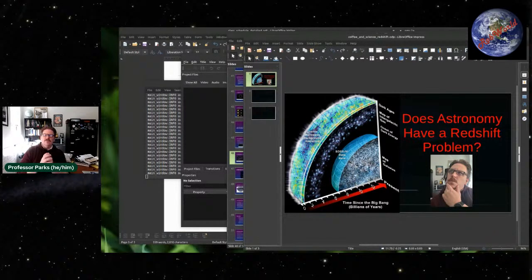The only problem that I am aware of, and it's been a while since I looked into this, is one of the arguments for why dark energy may not be a thing. When you look at the key observations for why dark energy is needed, it is the type 1a supernovae at the very, very farthest reaches of our universe.